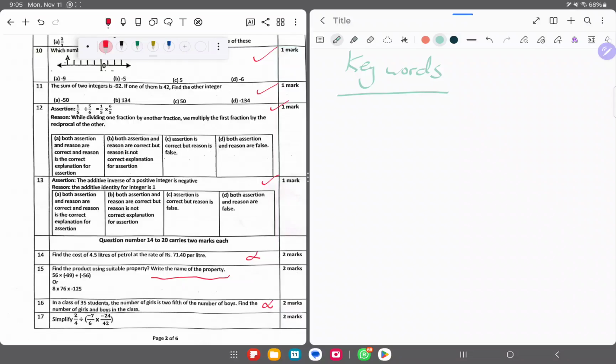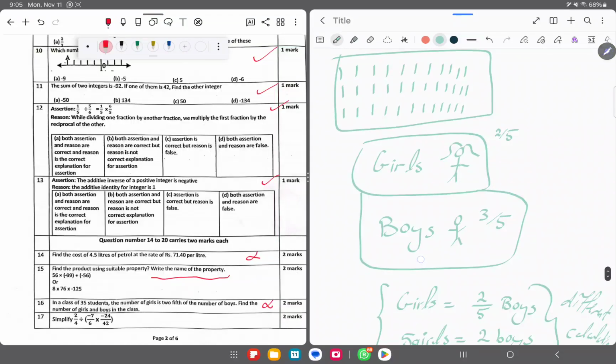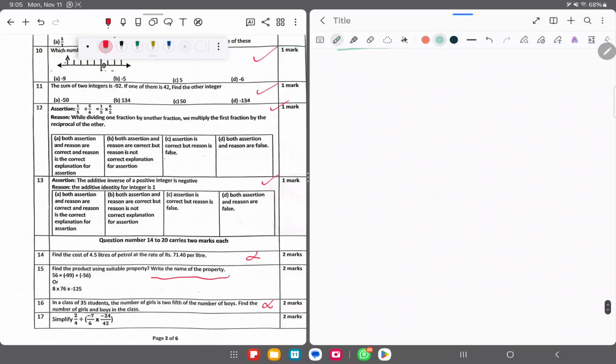Okay, so in your grade, let's start again with number 16. Show the room with the 35 people. The total number of students is the number of boys and the number of girls.